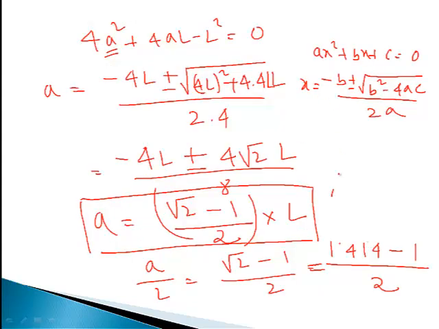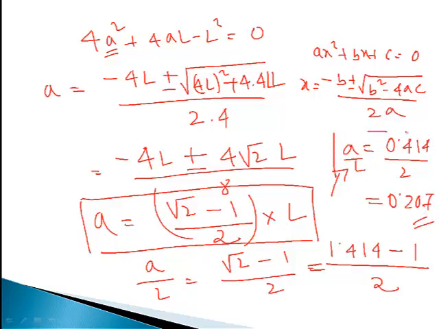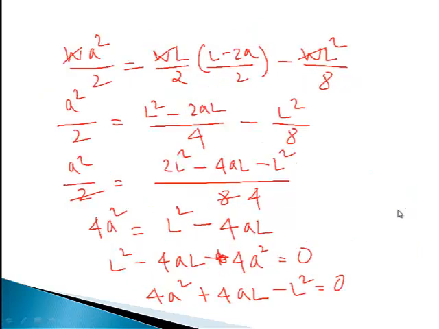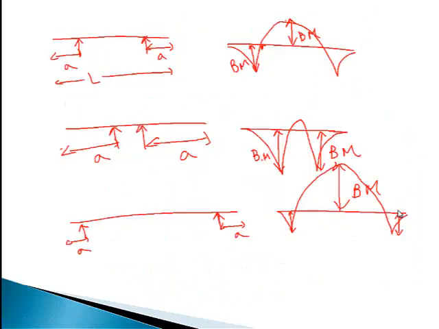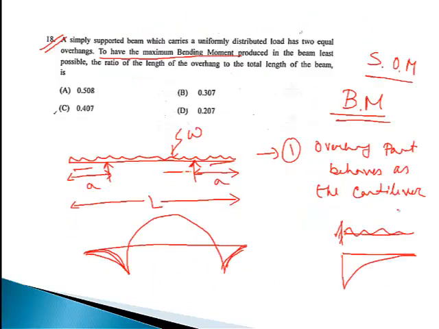So here I am solving: 1.414 minus 1 equals 0.414, divided by 2, and it will be 0.207 for A by L. Okay, so this is the answer. It is a little tough one that came in this examination. So this is your answer, 0.207.